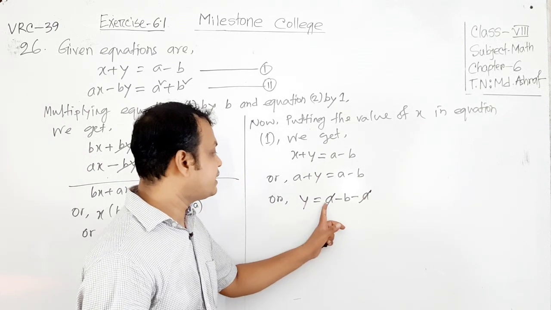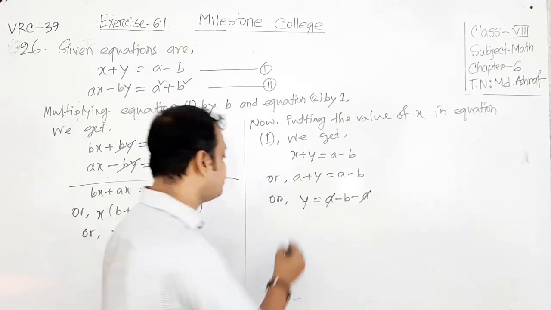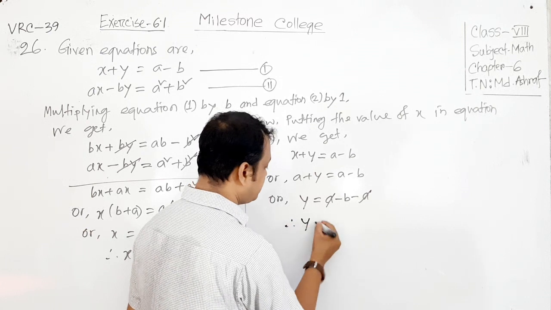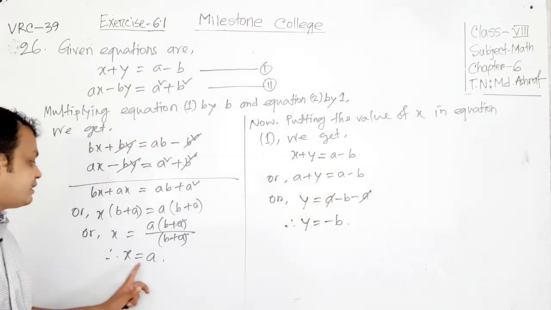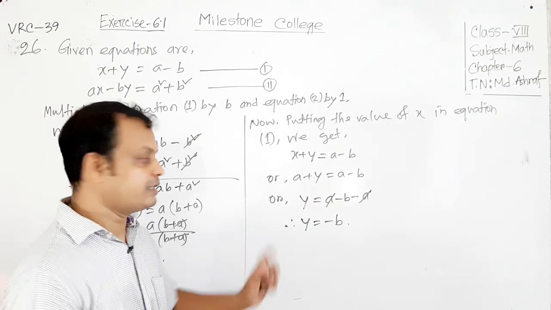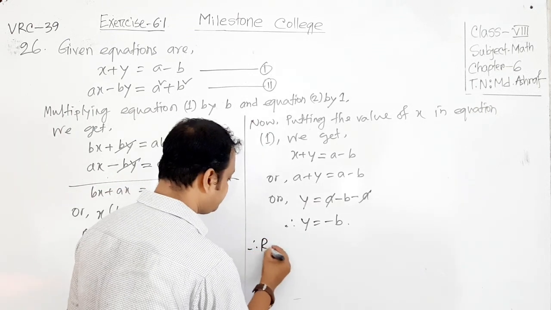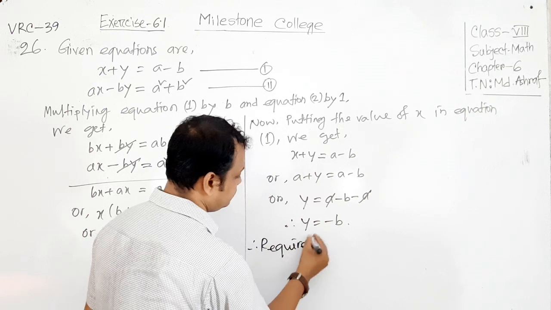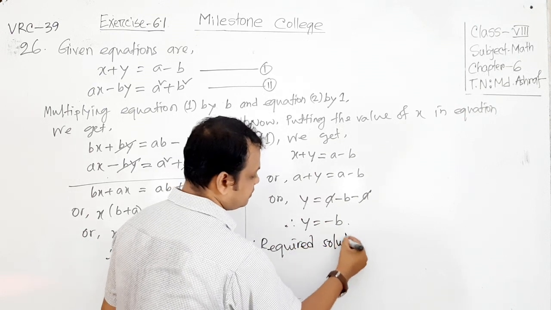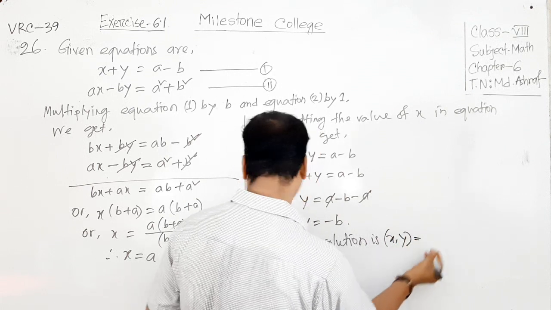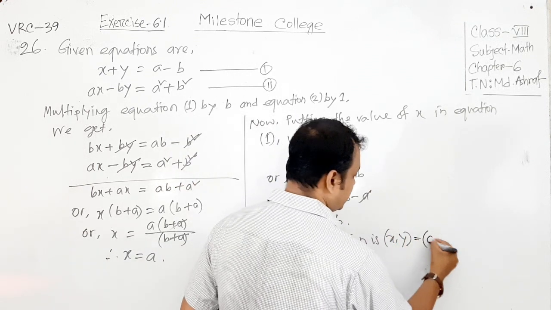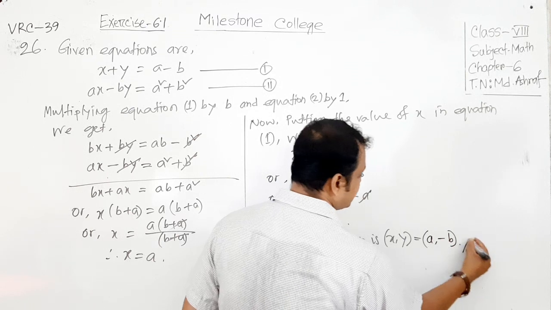Therefore y equals minus b. We have got the value of x, x is a and y is minus b. Therefore the required solution is x comma y equals, write the value of x first, a comma minus b. This is the answer.